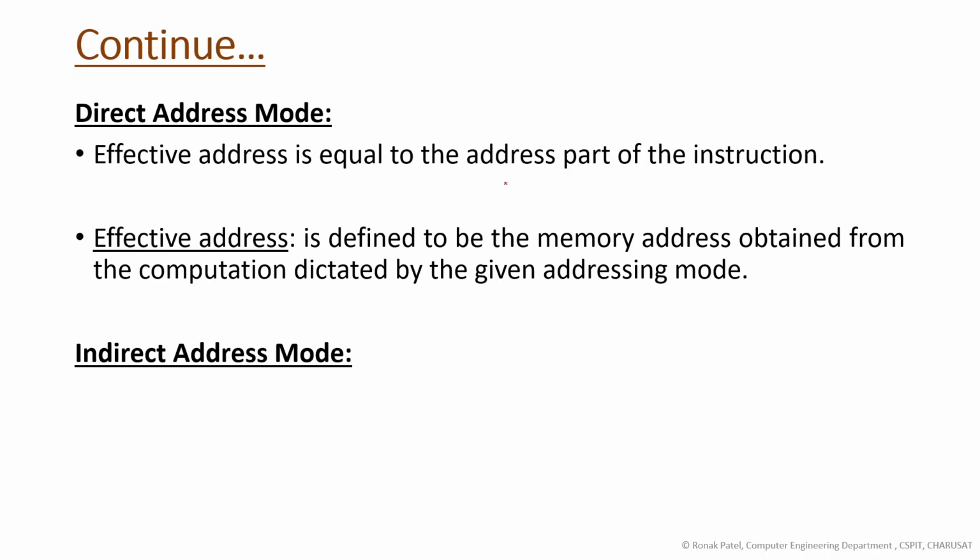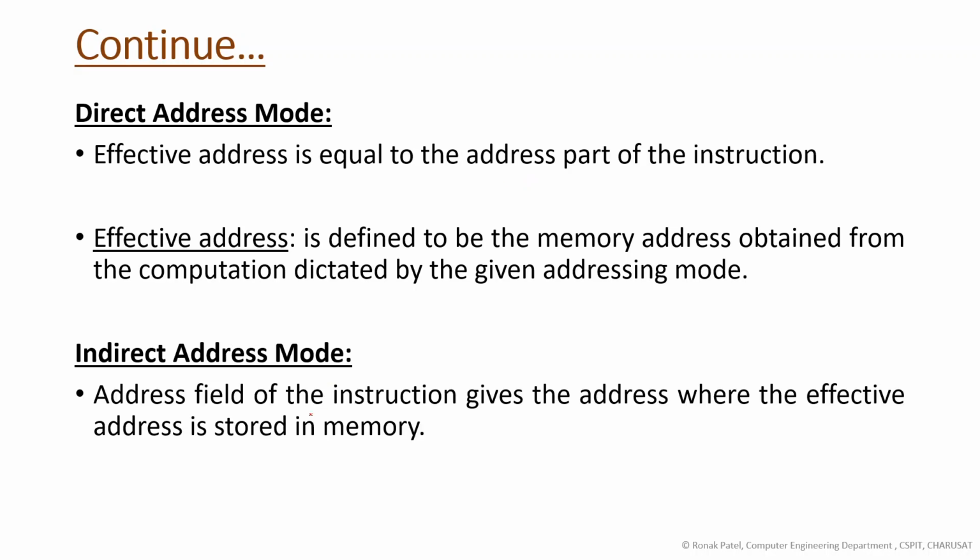In indirect address mode, the address field of the instruction gives the address where the effective address is stored in memory, right? So you need to perform some addition with respect to some registers in indirect addressing mode, rather than directly giving that your operand is at this address.